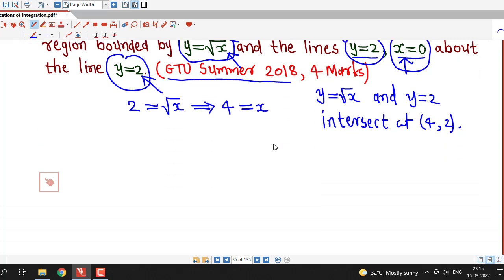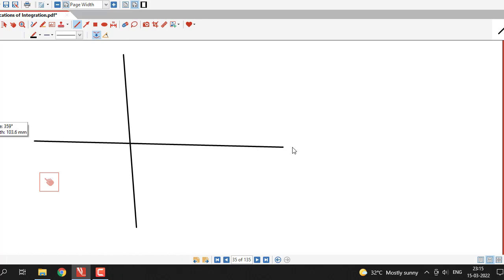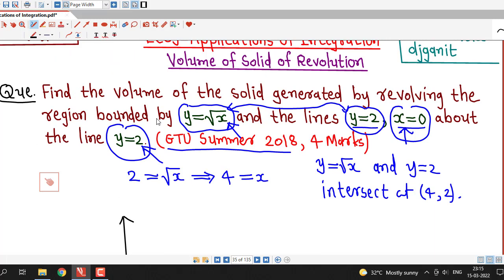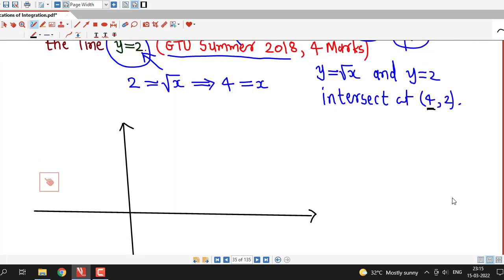So with this in mind, we try to sketch the region of integration bounded by given curves. Suppose this is y axis, this is x axis, and we require y equal to 2, and the maximum scale on x axis is 4 and the maximum scale on y axis is 2.